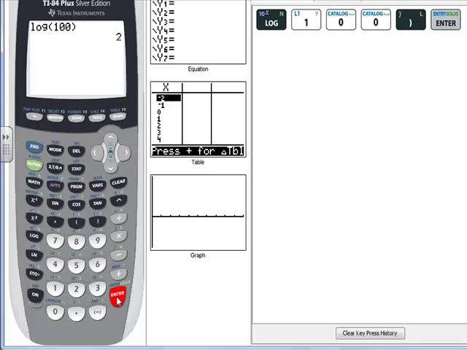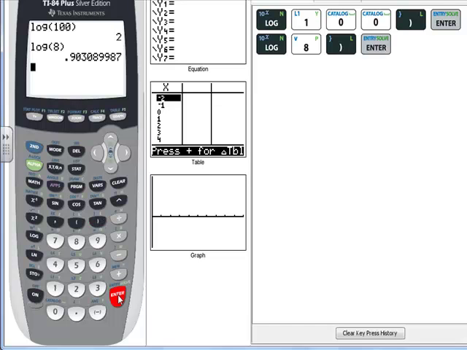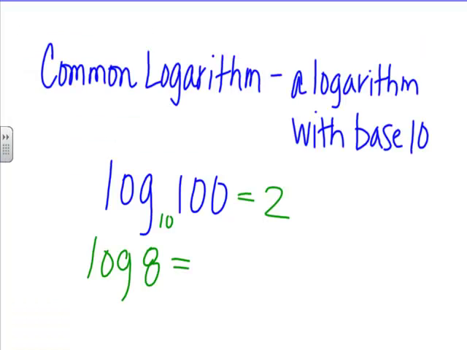So maybe somebody might ask us the log of something else, and you'll see some of these on the problem set. So what's the log of 8? Notice the log of 8 is something yucky, okay? And it's actually an approximation.